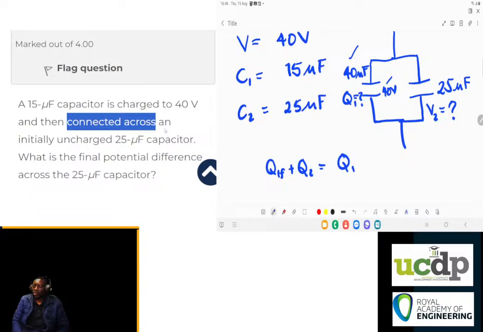What you want to find is Q2, and if you find Q2, you can also find the voltage across C2, the second capacitor. Let's see how far we get.